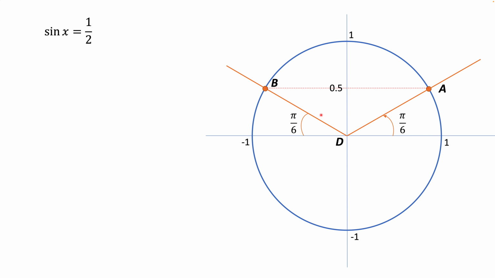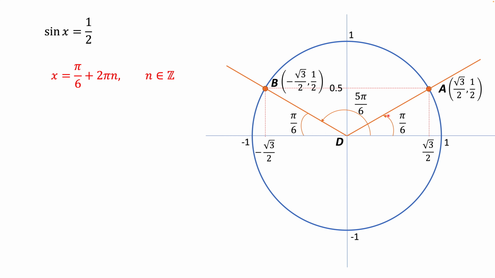So the angle will be what? It's going to be pi minus this pi over 6, and that is 5 pi over 6. So now we have 2 options, either pi over 6, which is point A, plus 2 pi n, or point B, 5 pi over 6 plus 2 pi n. And that's it.